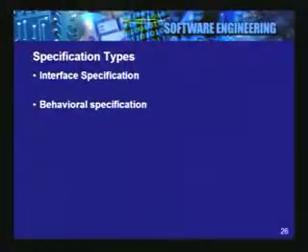Right. So there are different kinds of specifications. Even though there are different models based on which specification can be done, each one of these models can be applied to each one of the specification types being shown on this slide.